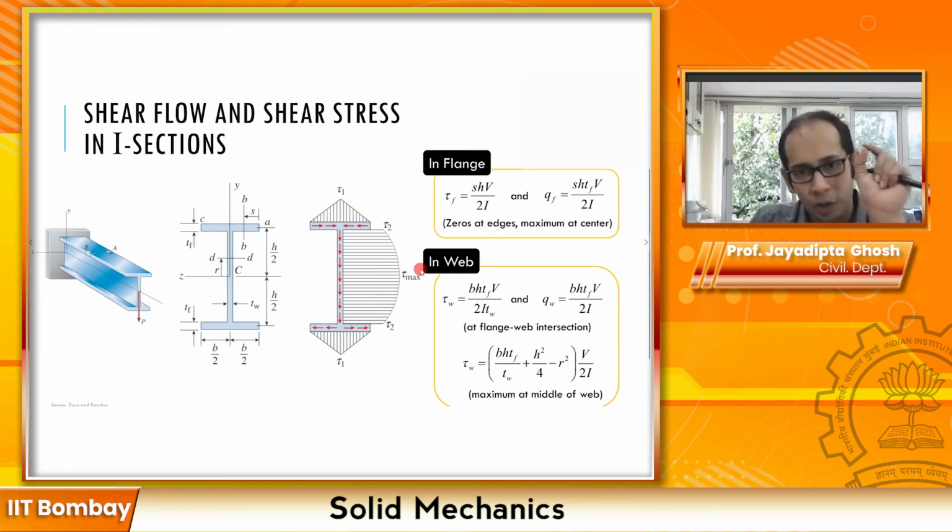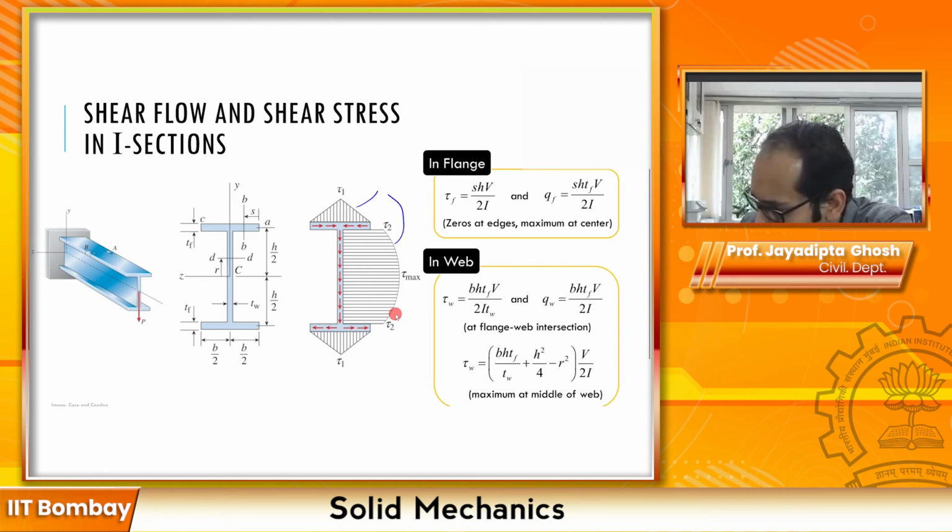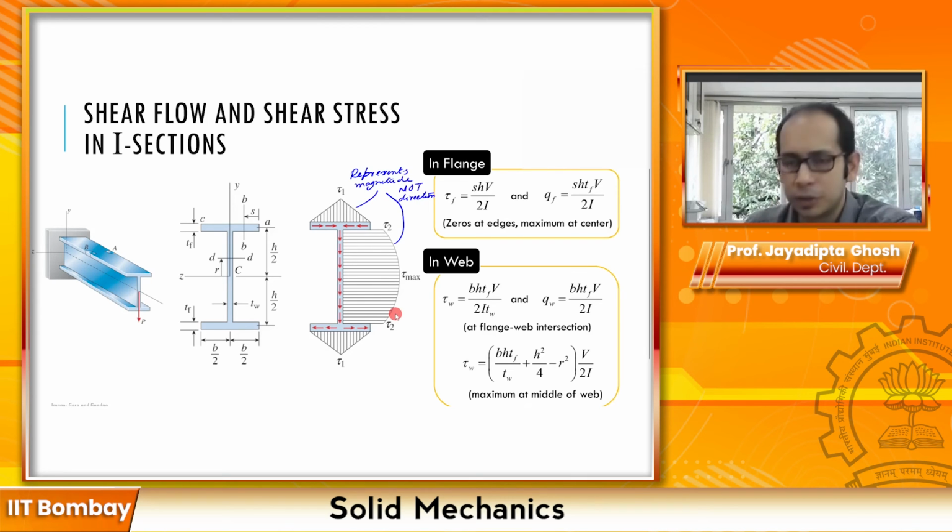Now here also, remember, these ordinates that you see are only representative of the magnitude. They are not representative of the direction. So maybe it's better to explicitly write this down: what you see over here represents only the magnitude and not the direction.